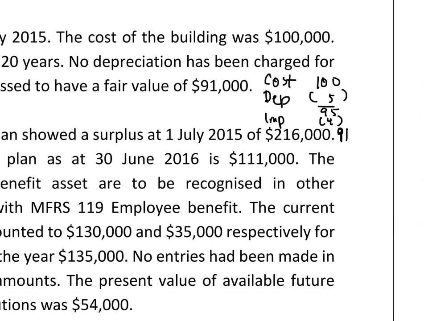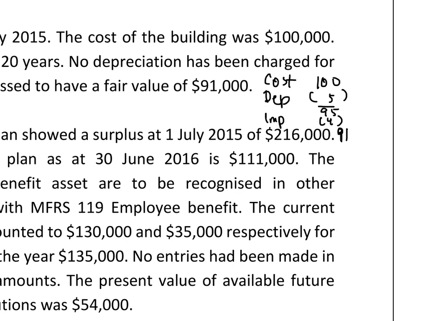No depreciation has been charged, so we will charge depreciation. After depreciation, we know the carrying amount is 95. The building is only worth 91, so we will impair the 4. So 4 will be charged, my asset will reduce.